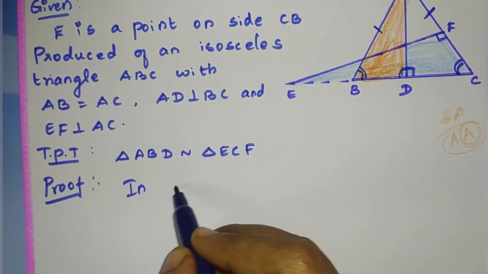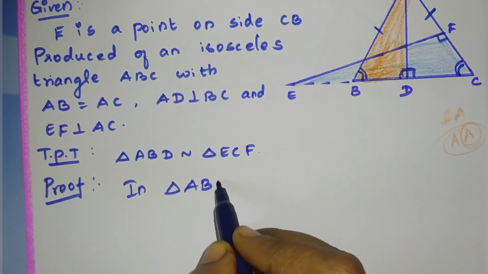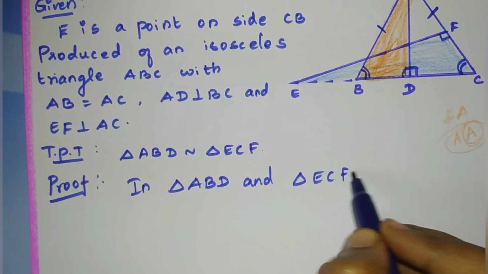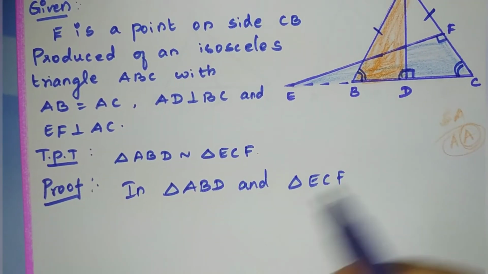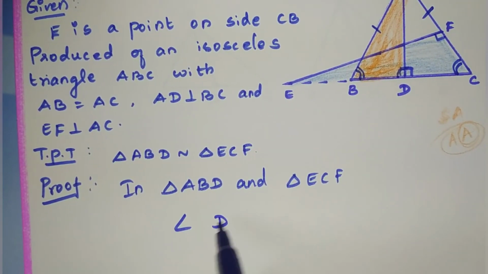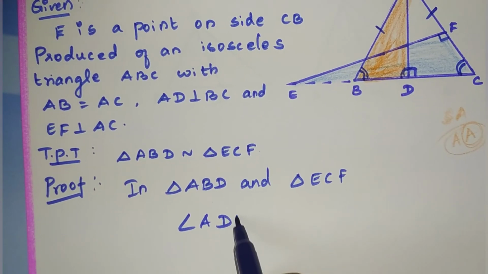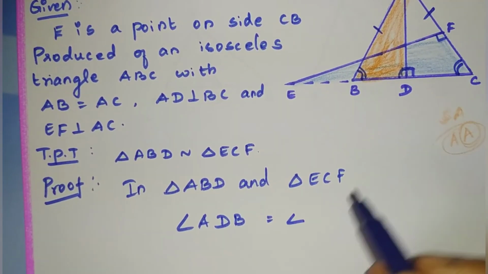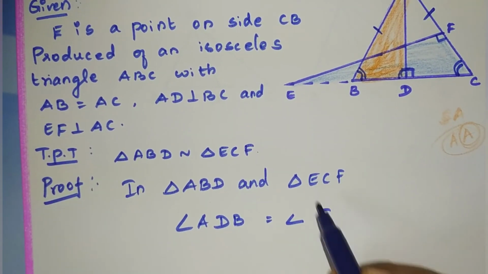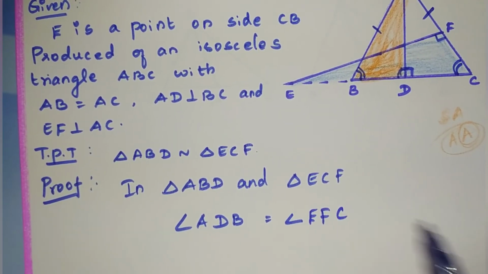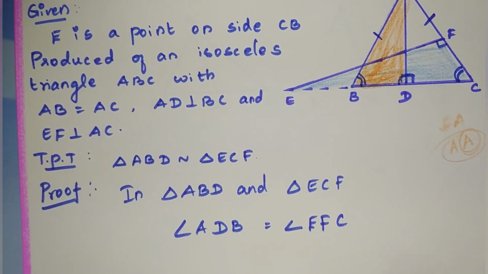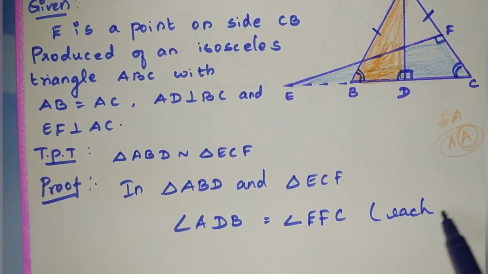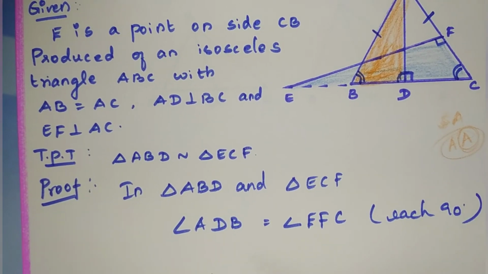Next, proof. In triangle, first you have to take those two triangles, ABD and ECF. What I said here, angle B, angle D. Remaining things you have to write side of that. Okay, and then here F. Remaining things EC. Clear? And then this is each 90 degree, each 90 degree.